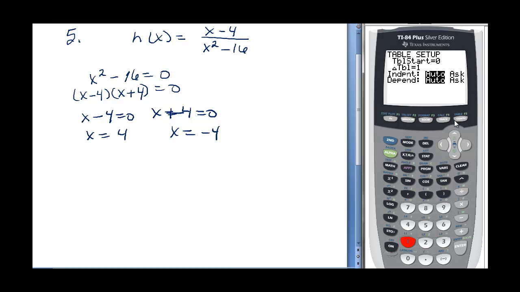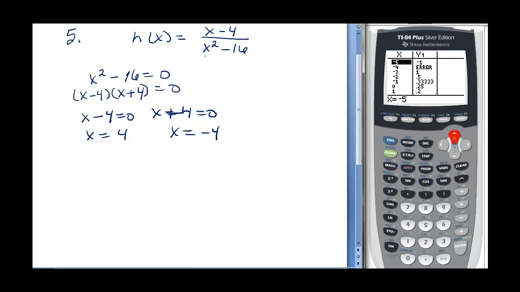And then we'll look at the table. Alright, so down here at negative 4 we have an error, which is what we would expect, because if we put negative 4 in for x, negative 4 squared is 16 minus 16, that gives me 0.